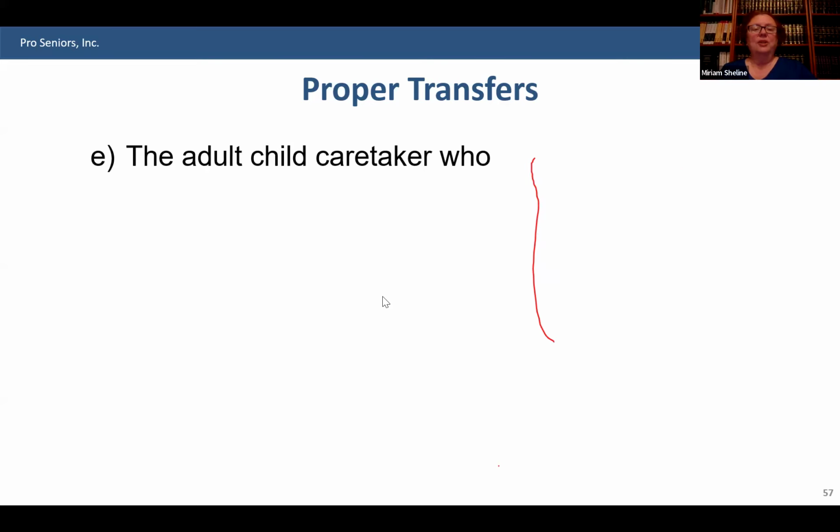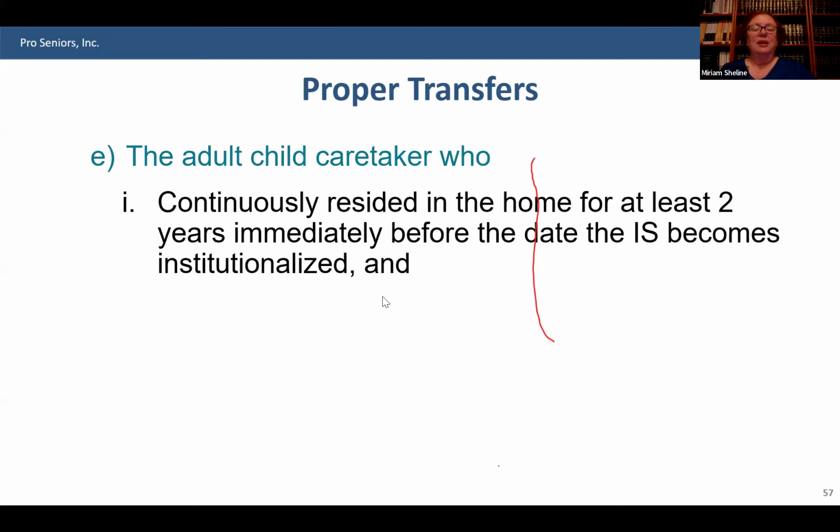So here was the question that's highlighted about the adult caretaker child. There is an exception for this, but because of the way the rule is written, it is extremely difficult now. The adult caretaker child, you can transfer the home to them if they continuously resided in the home for at least 2 years immediately before the individual went into the nursing home.